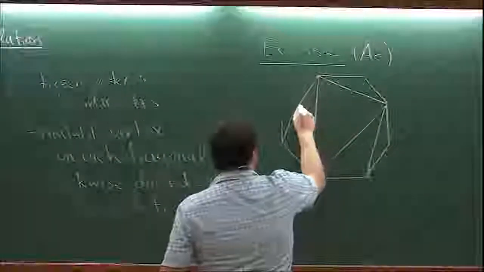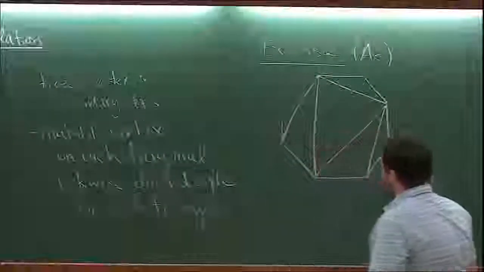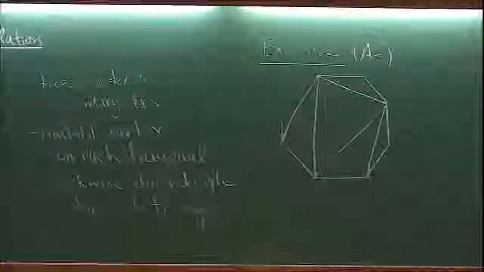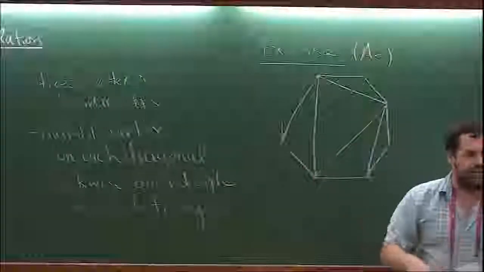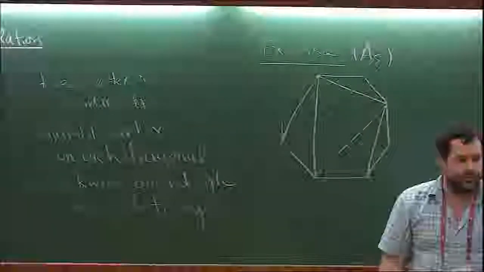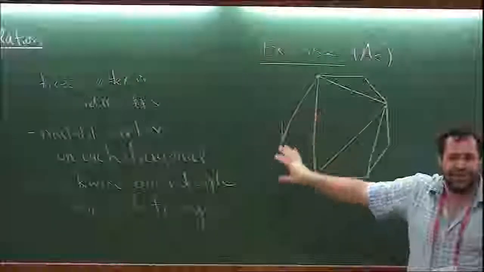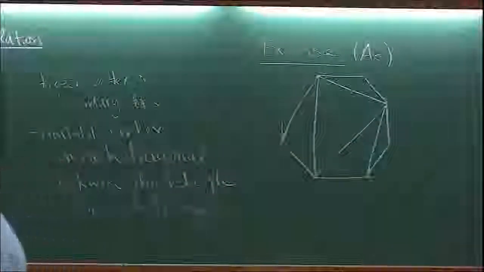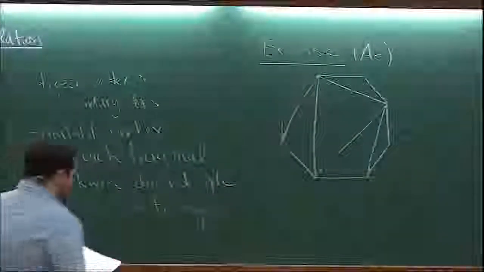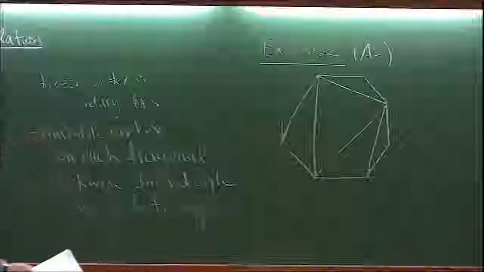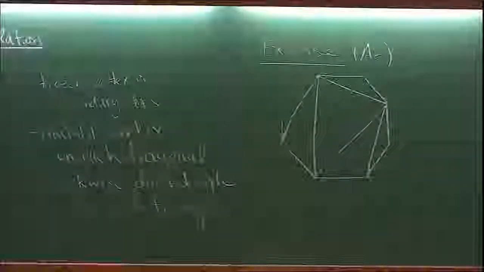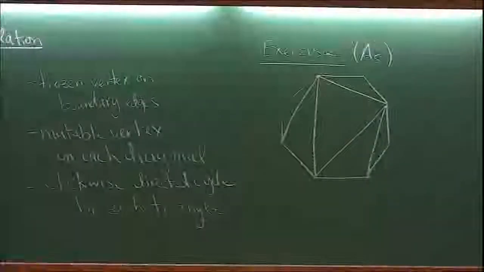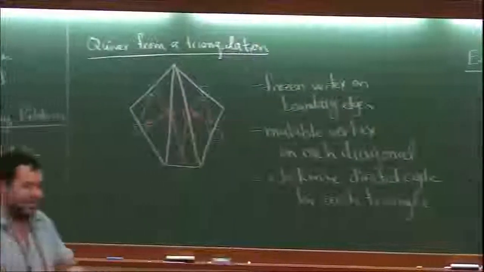So maybe pick this one, whatever you want. So flip the diagonal, make the quiver, and then mutate. You should get the same answer. Okay? So just to get some practice, try to do this. This will give you practice in doing this construction. So for boundaries, if I'm a boundary arc, I'm going to put ones. Okay? So this has to do with coefficients, but I'm just going to use ones.